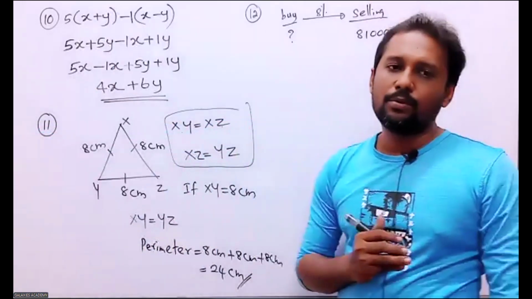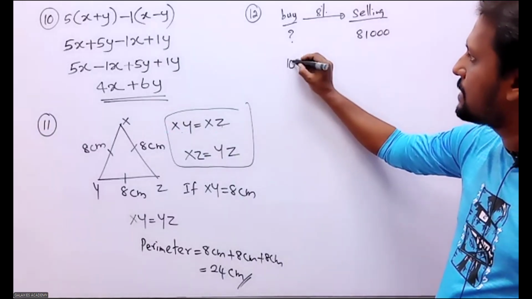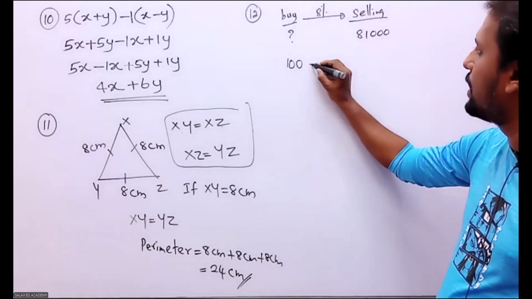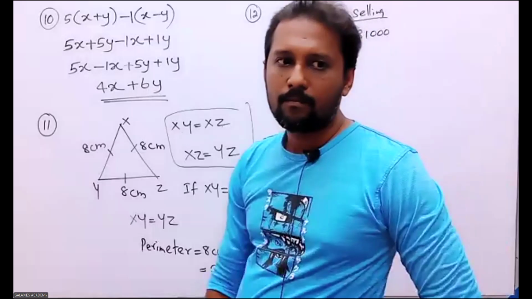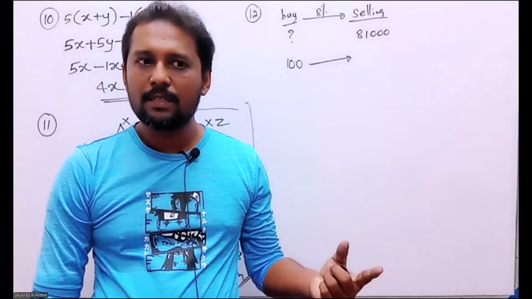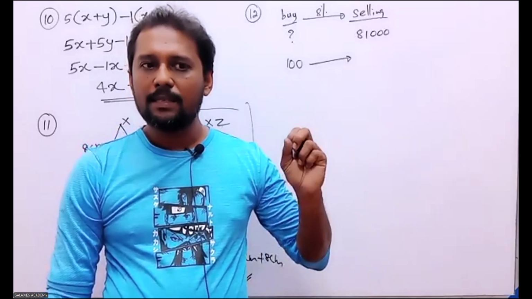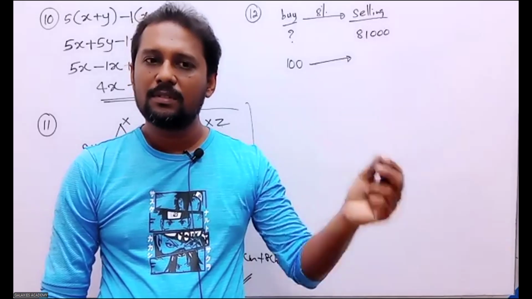What you have to do? How you can think this one? You think if the buying price is 100 rupees, what should be the selling price? The profit percentage is 8%, no? If the buying price is 100 rupees, what is the price of selling price?